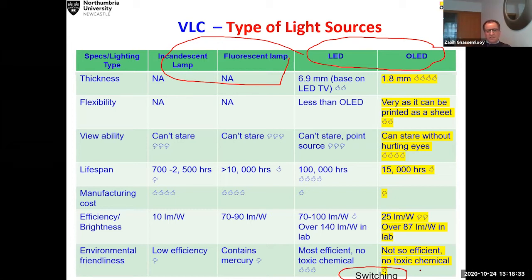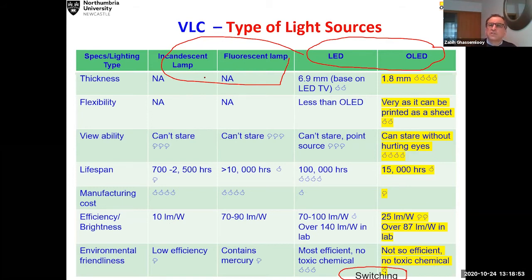Before, with fluorescent and incandescent, you could have done it at very low frequency. But now these semiconductor devices allow you to be turned on and off at very high speed. And this is the breakaway between this light source and the one on the left-hand side.